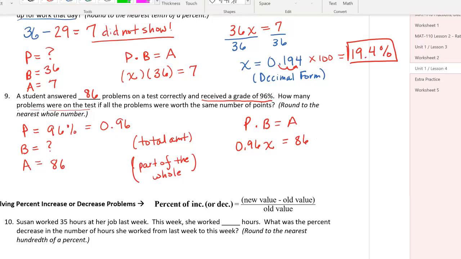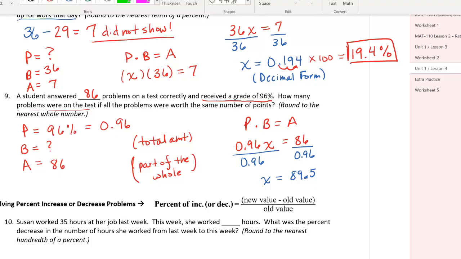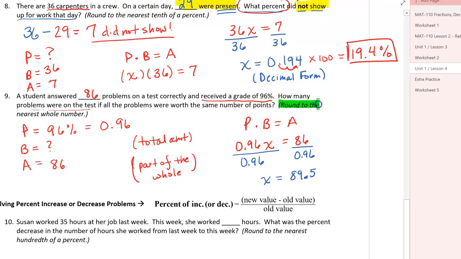So to solve for this, we're going to divide both sides by the number in front of the unknown, which would be 0.96, and we're going to get x is equal to 89.5. Now pay attention here. They did say in the directions to round to the nearest whole number.